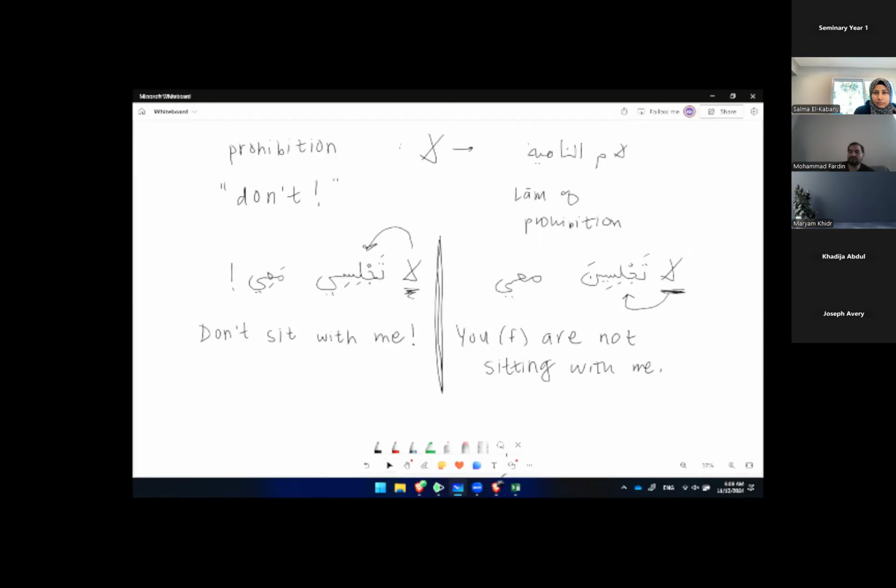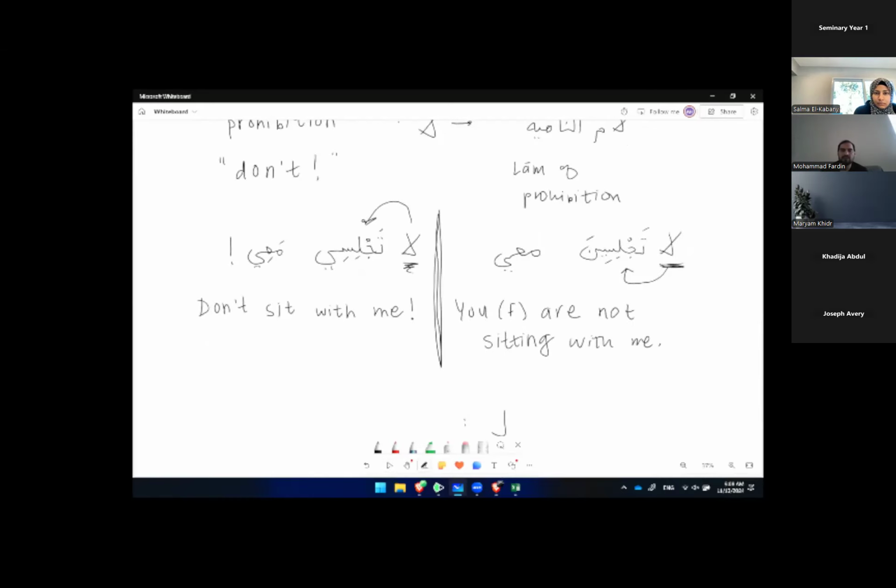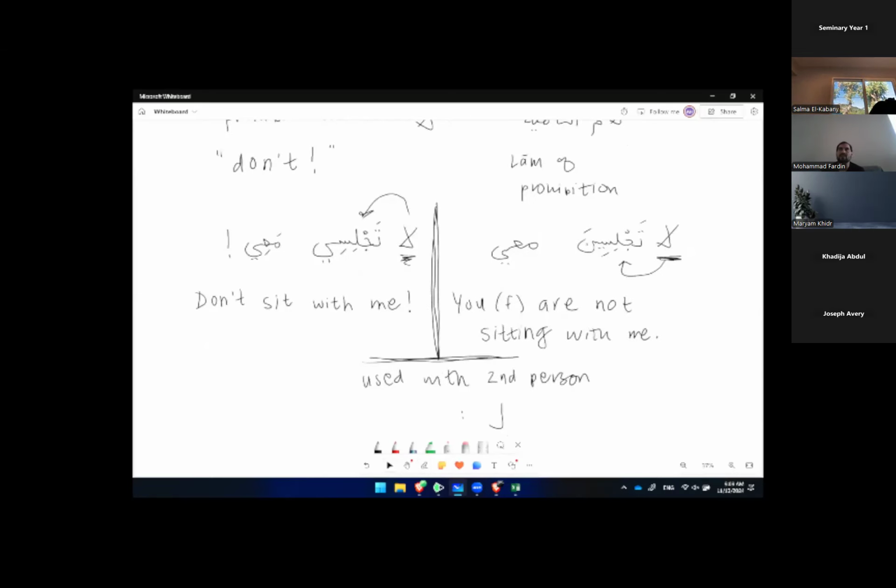Yeah, it's used with second person, and not for first person. So it's generally used with second person. It does not mean that it cannot be used with third or first. This is more of just a commonly, usually, generally, it will be used with second person. So the vast majority of the time you'll see this, it will be used with second person. Commonly.